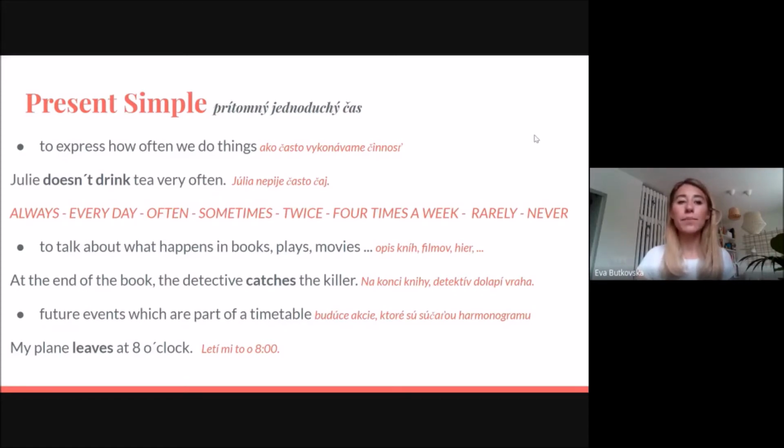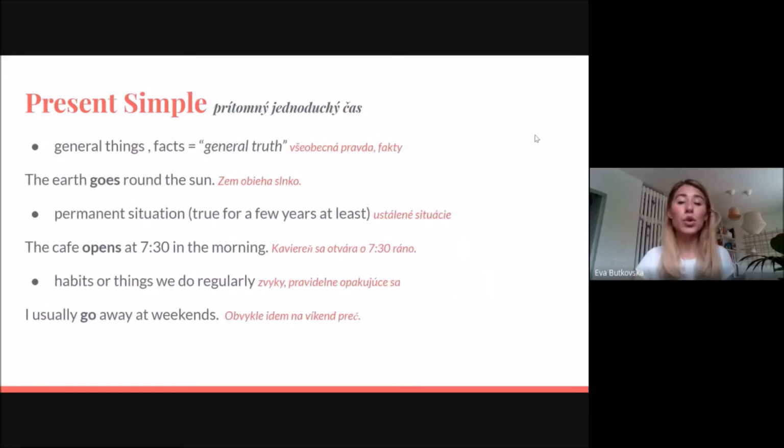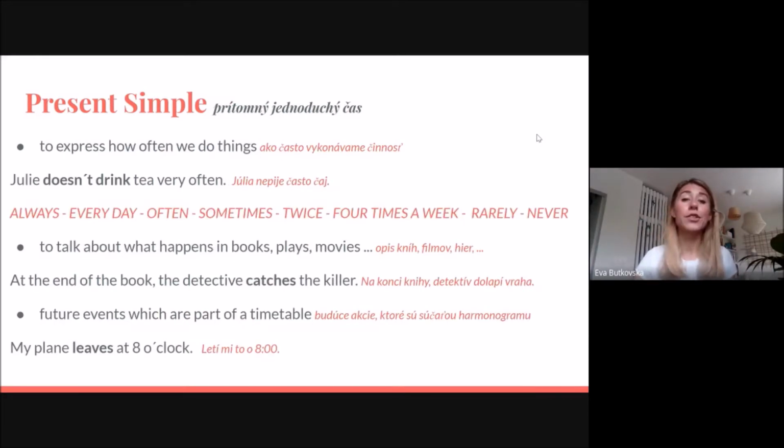So one more time, we use present simple to talk about facts or general things, permanent situation, habits or regular things or actions. We use present simple to describe plays, movies, or books, and about events or actions that are part of a timetable.